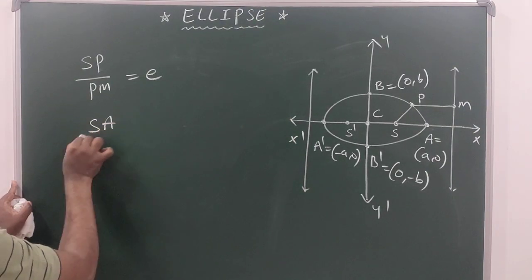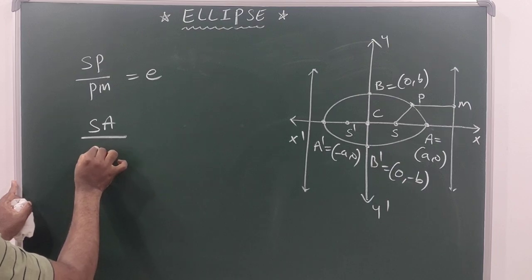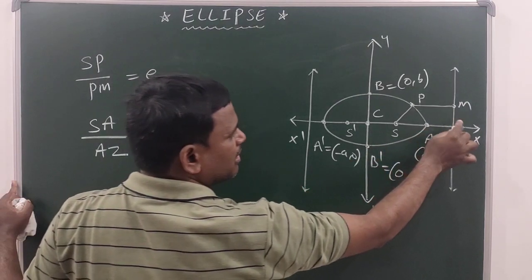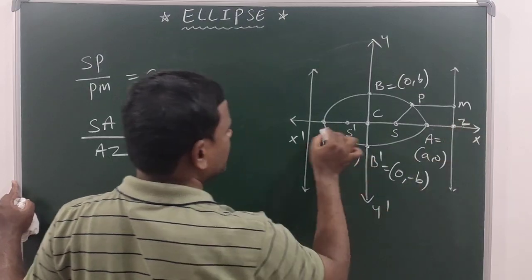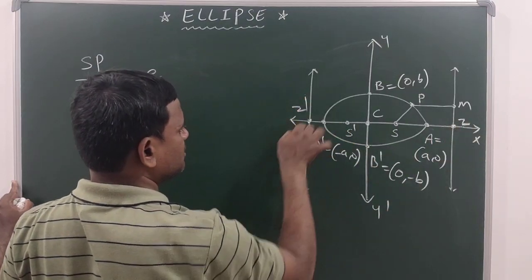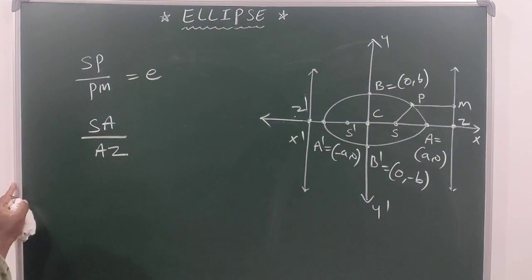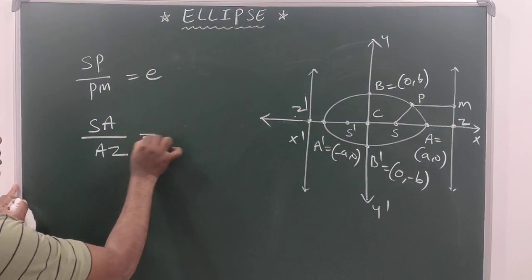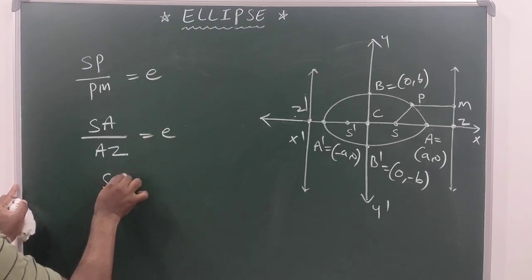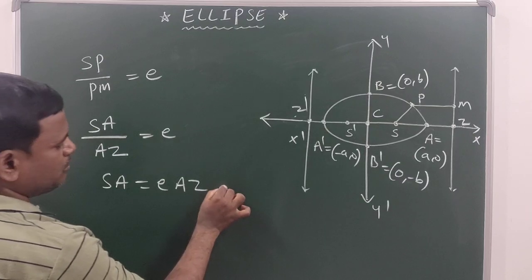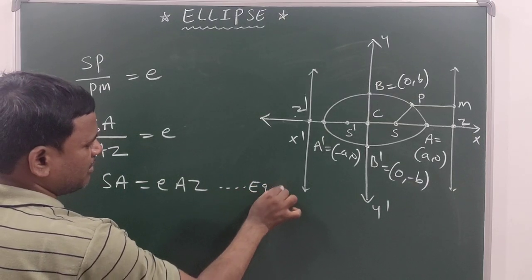So SA by the distance from that locus point to the directrix, in this figure let it be Z, AZ, and this is Z dash. So SA by AZ is equal to E. Now SA equals E of AZ, which is equation 1.